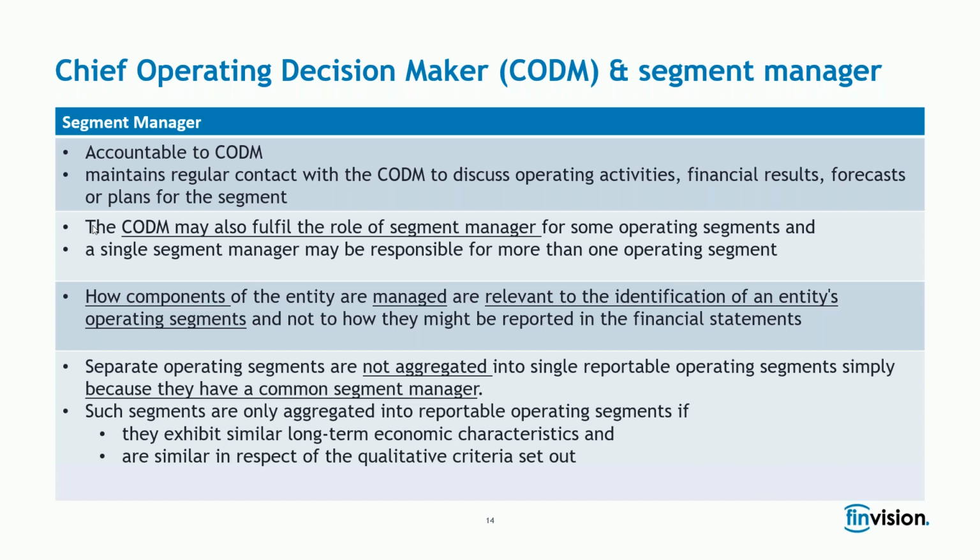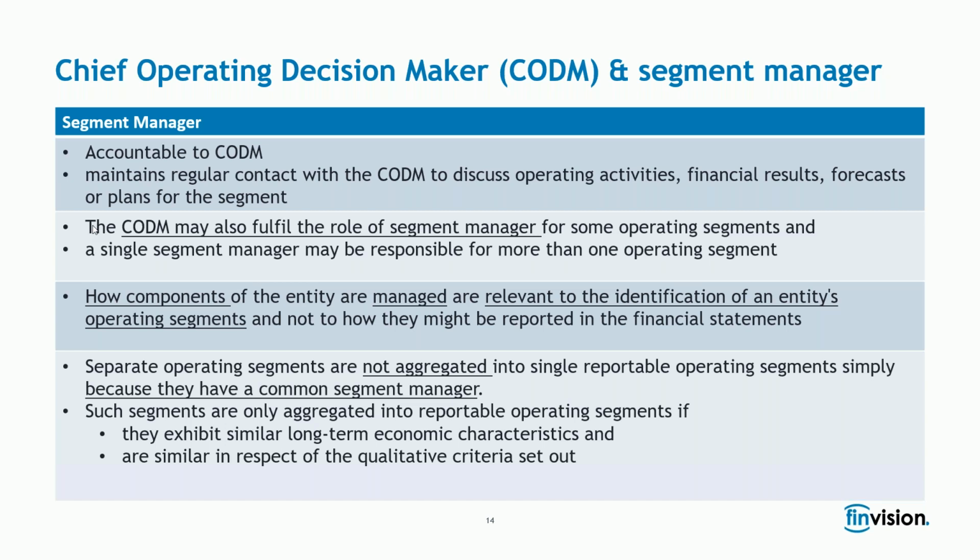On the other hand, identifying your operating segments is important, and also aggregation is important to see how many segment managers there are. Because the way components are managed is important to identify what operating components and segments are. On the other hand, it's not because you have common segment managers that you can automatically aggregate them into one single reporting operating segment.